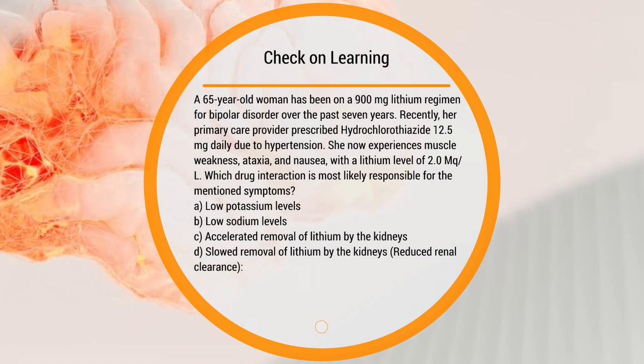She now experiences muscle weakness, ataxia, and nausea with a lithium level of 2.0. Which drug interaction is most likely responsible for the mentioned symptoms? Is it due to low potassium level? Is it due to low sodium level? Is it due to the accelerated removal of lithium by the kidney, or slow removal of lithium by the kidney, which means reduced renal clearance?